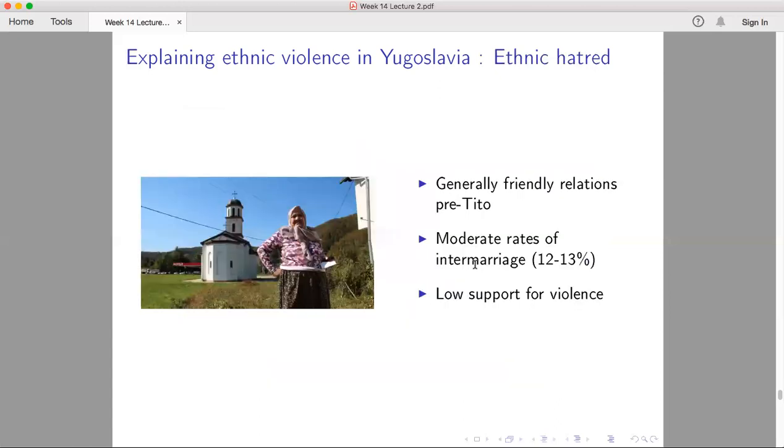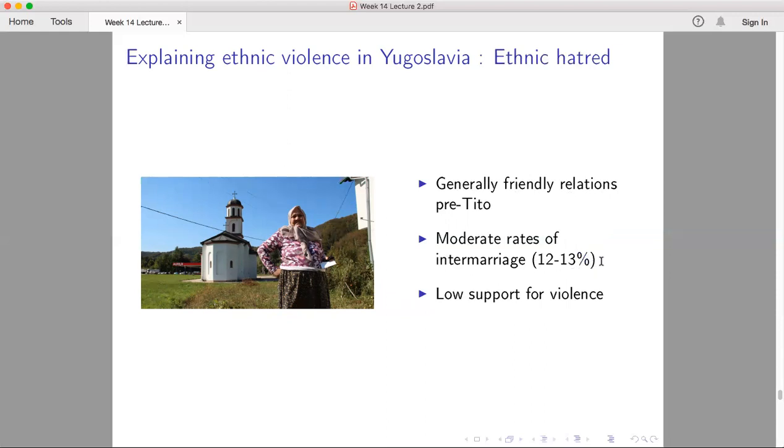However, we needn't take this too far, because remember that ethnic relations were generally harmonious pre-Tito. So in general, about 36% of people in workplaces suggested that interethnic relations were very friendly. Over 50% thought that they were at least friendly, if not very friendly. Intermarriage rates were around 12 to 13% between ethnic communities.